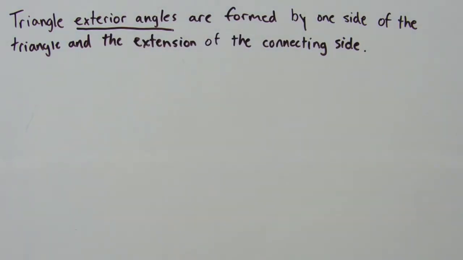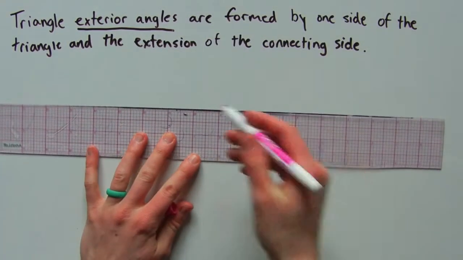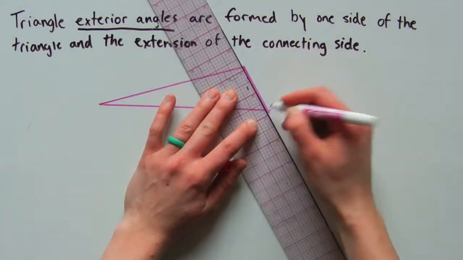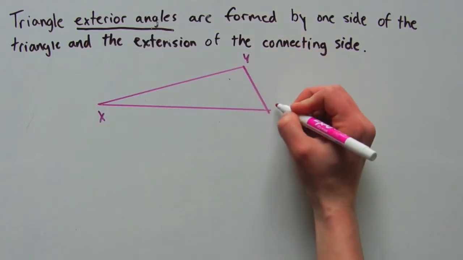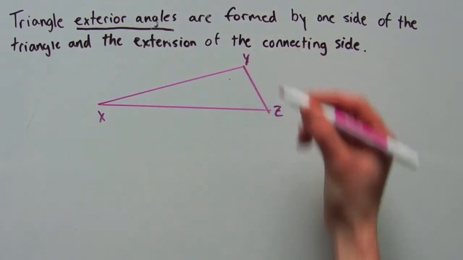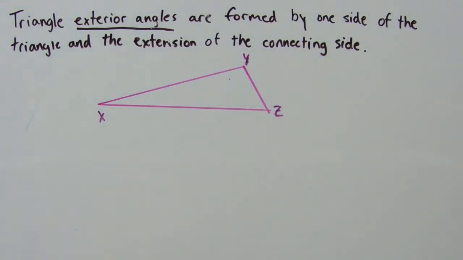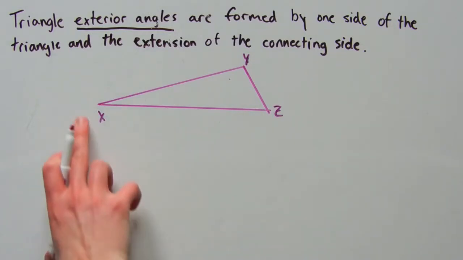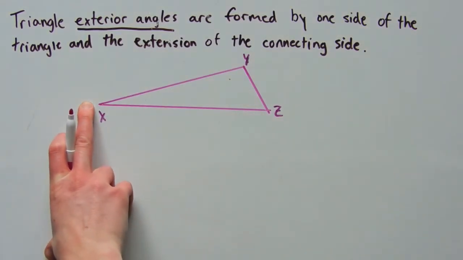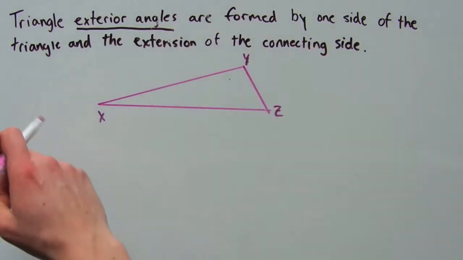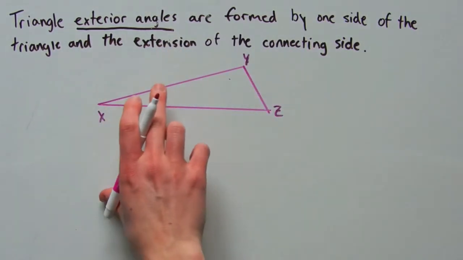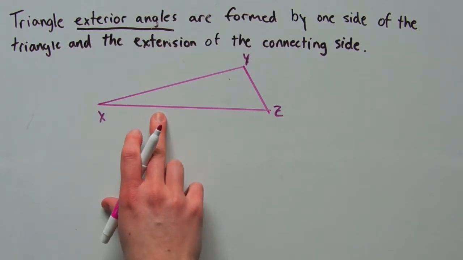Let me demonstrate that in a picture. Here we have triangle X, Y, and Z. And I'm looking at this exterior angle over here. Well, it's formed by one side of the triangle and the extension of the connecting side.